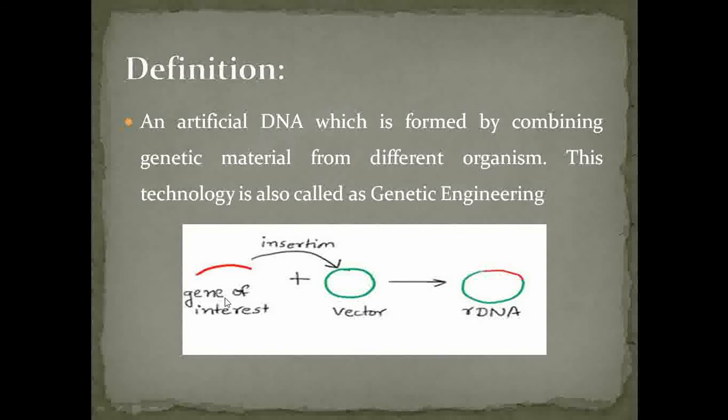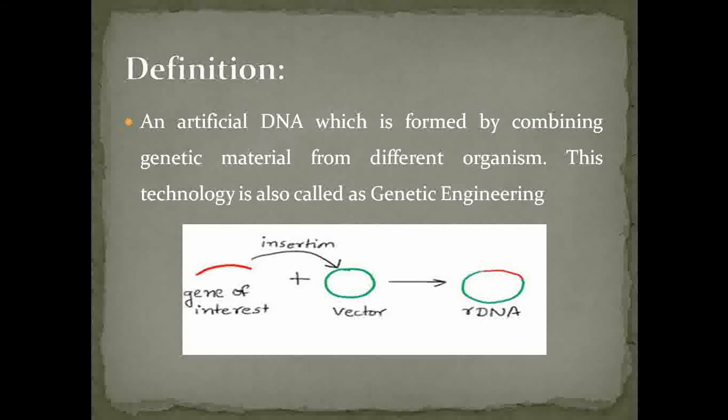So what is the gene of interest? Gene of interest means those genes we want to insert into the host species. For example, all of you know Bt cotton. That Bt comes from Bacillus thuringiensis. So the disease resistant ability from Bacillus thuringiensis gets transferred into the cotton plants.